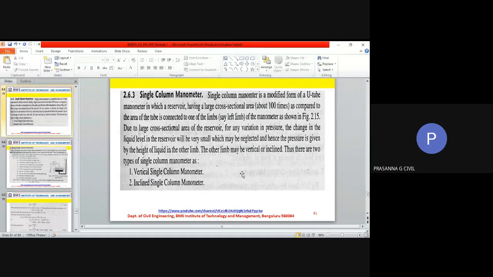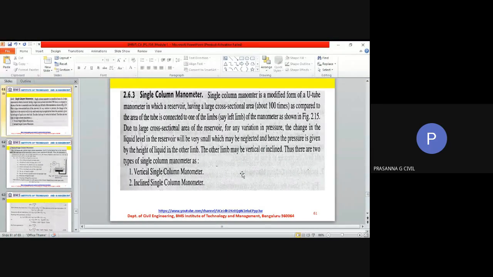Simple manometers are used to find pressure at one point in the fluid. In that category, we have a piezometer, a U-tube manometer, and a single column manometer. The other two we have finished looking at.